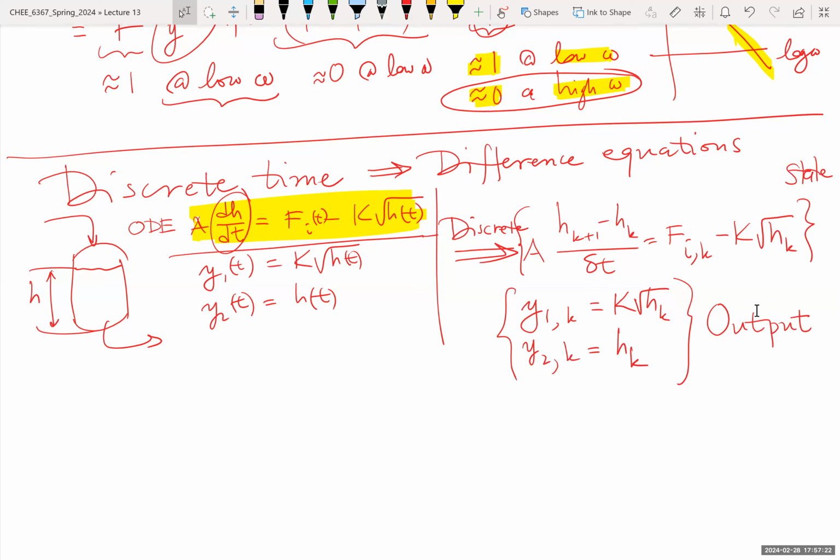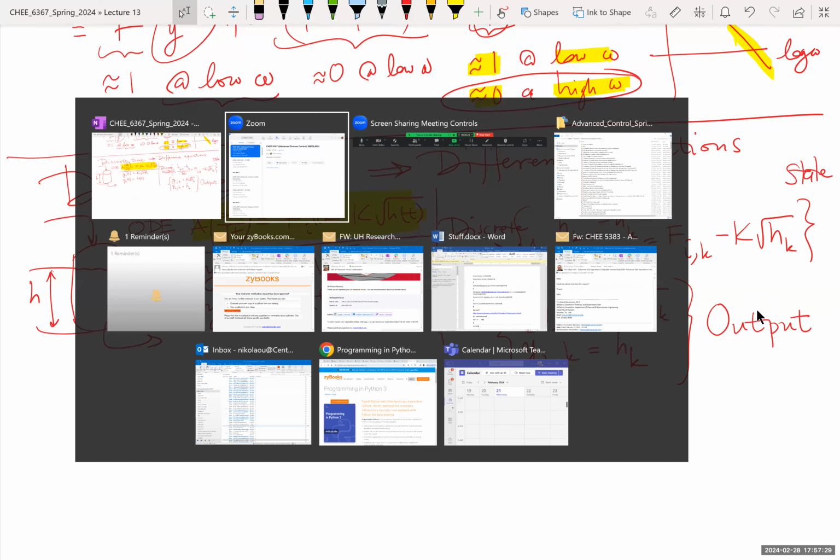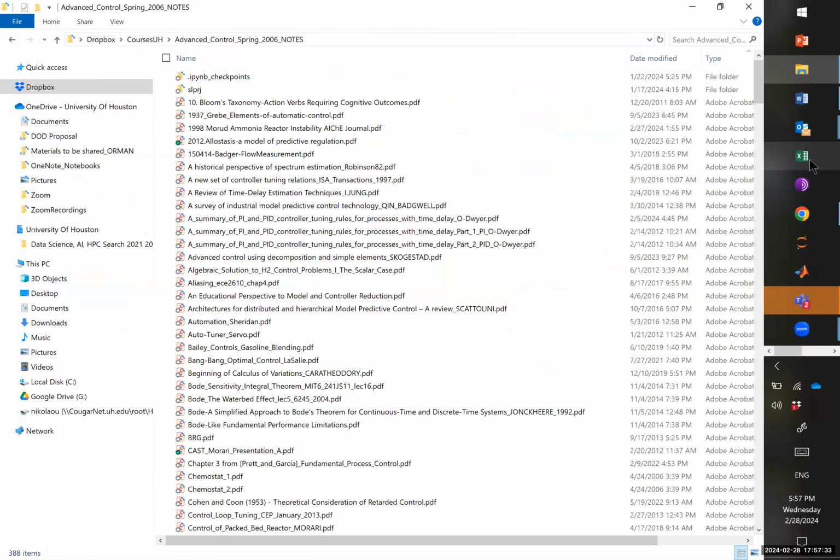In fact, we can actually do this right now. Simulation with discrete time systems is very, very simple. It can be done with sophisticated software. Simulink allows you that, especially if you do things in the transfer function domain.